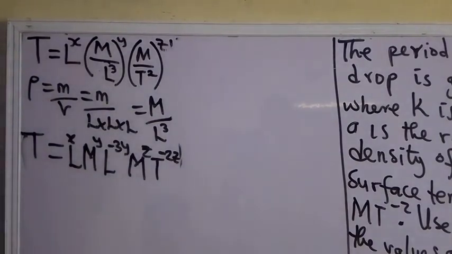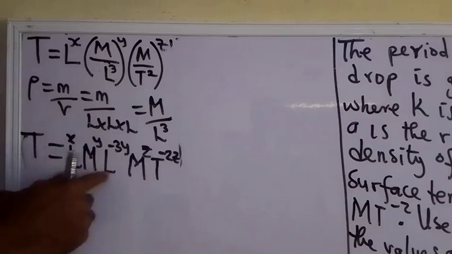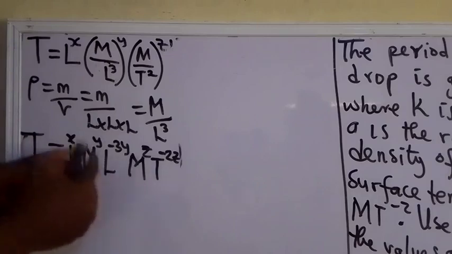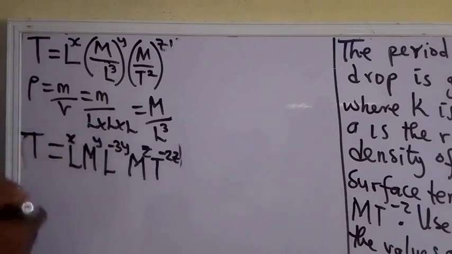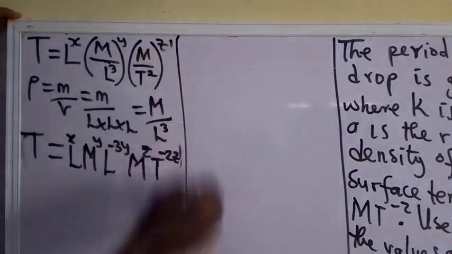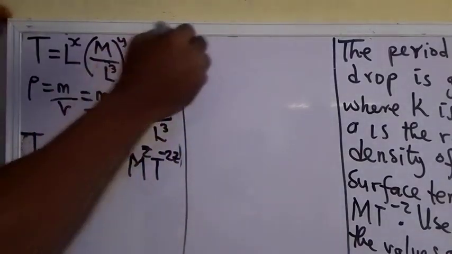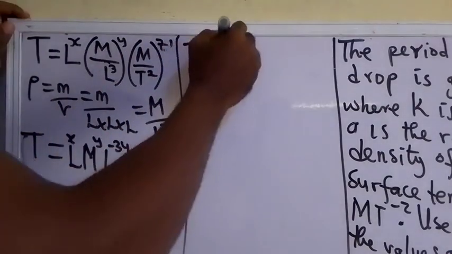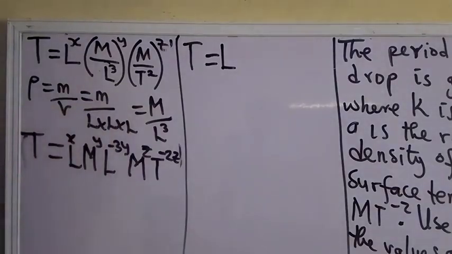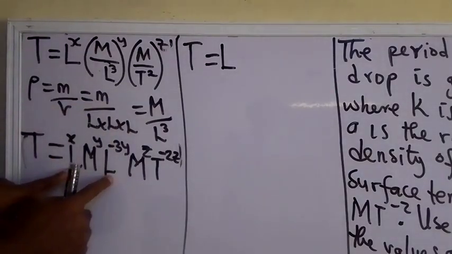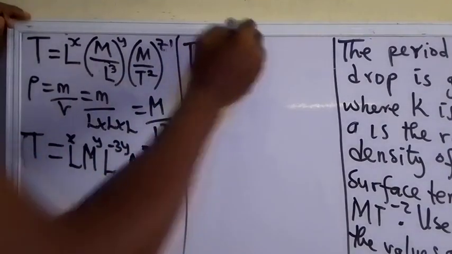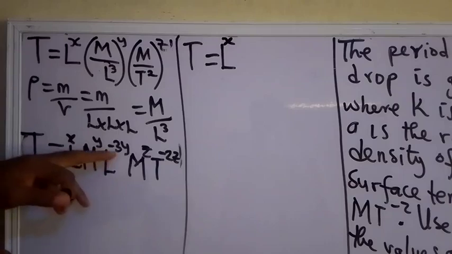Now we're going to collect terms of the same base, and since they are multiplying, we are going to add their powers. So let's say T on the left side is equal to, let's go for base L. This is L here, this is another L. The first power of L is x. Since they are multiplying, we are going to add their powers.